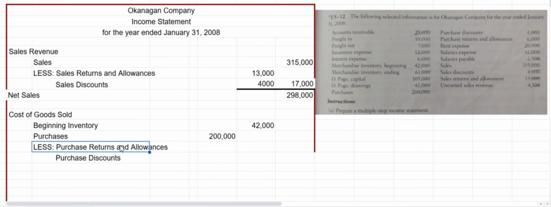And the value for purchase returns and allowances is 6,000. Anyways, you guys know it's purchase returns and allowances.